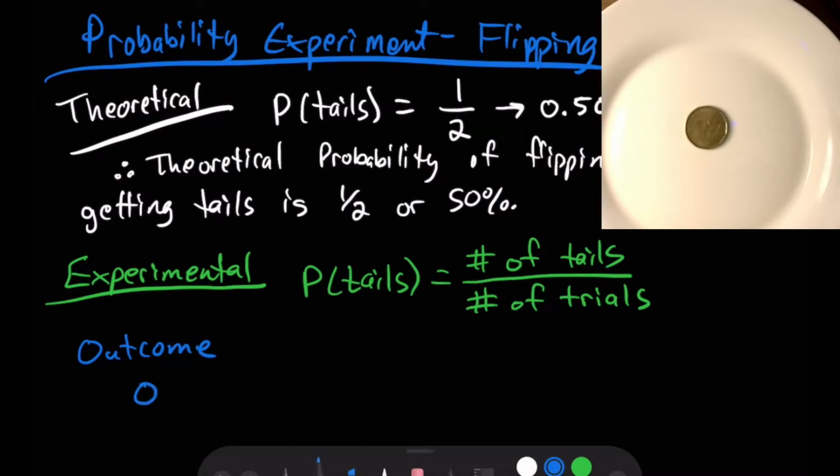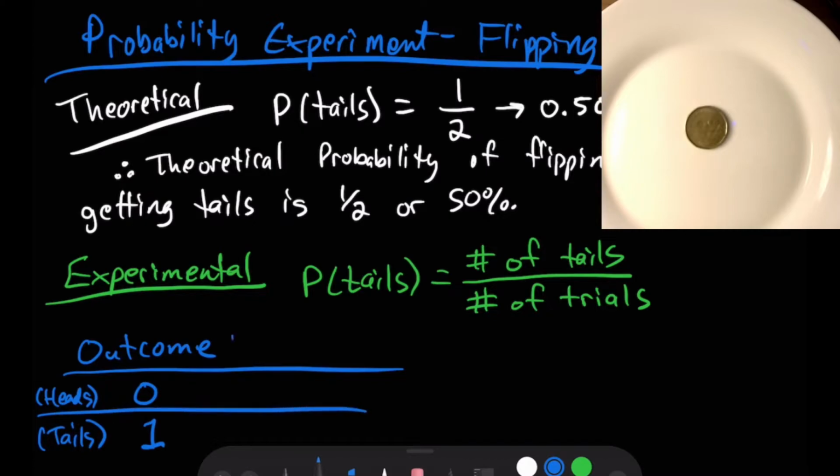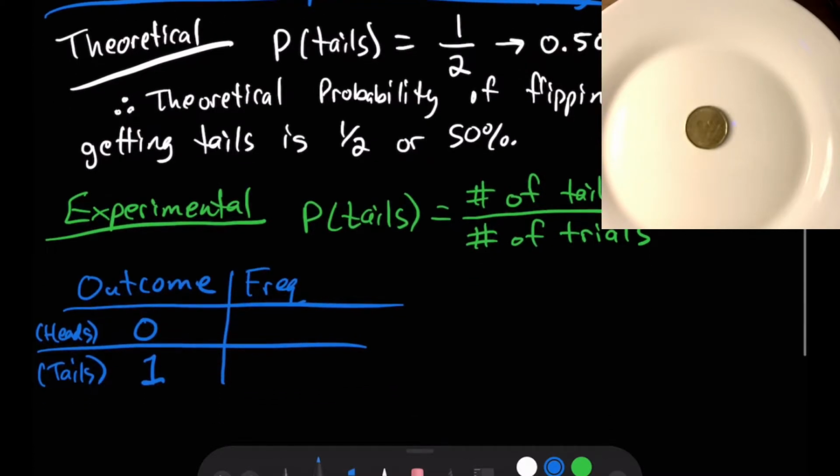So we're either going to have 0 tails or 1 tail. So either heads or tails. We're going to have our frequency. How many times did I get that outcome? And then we'll find our probability.